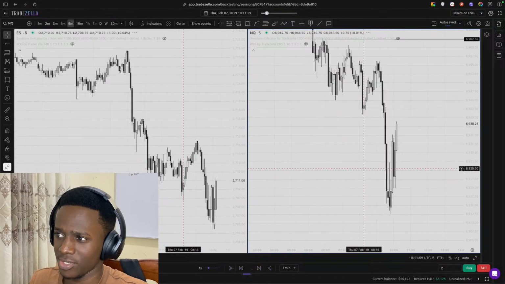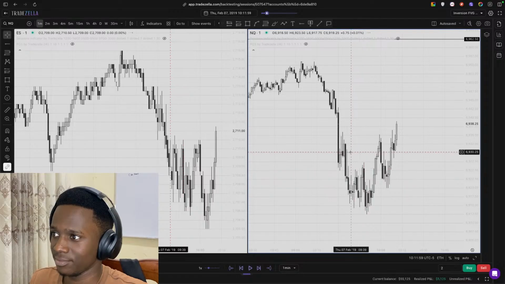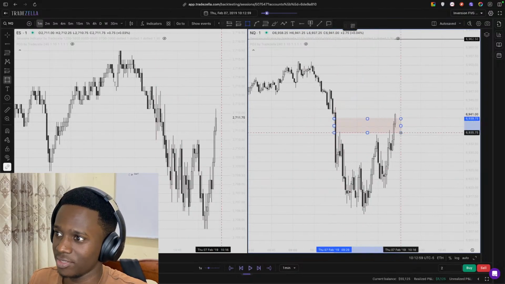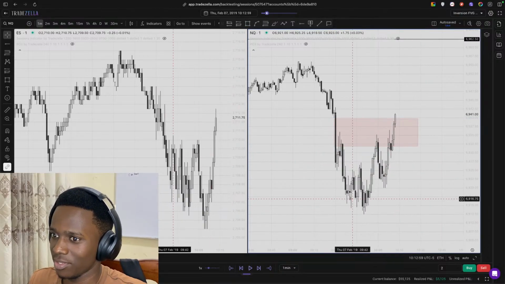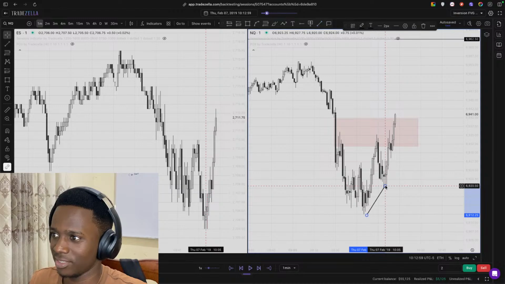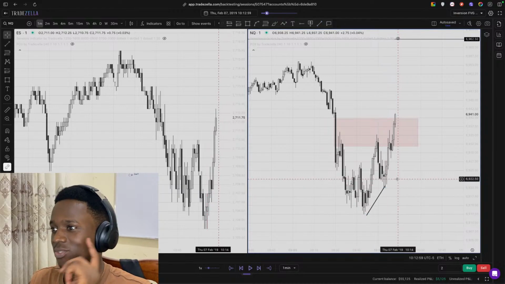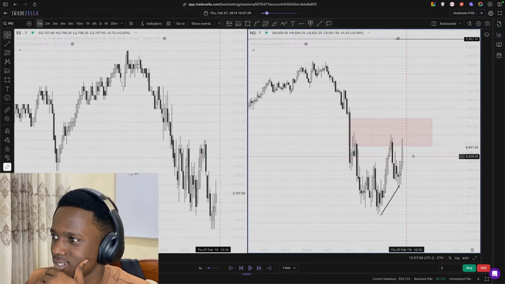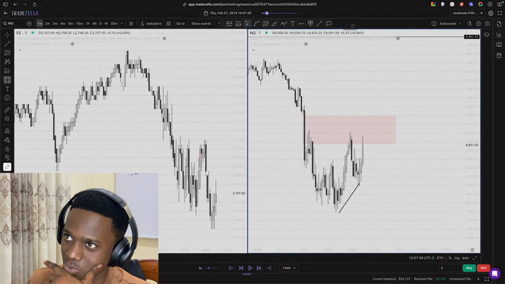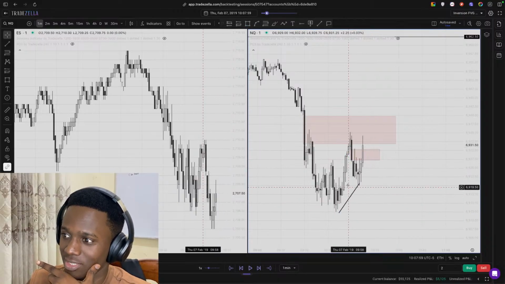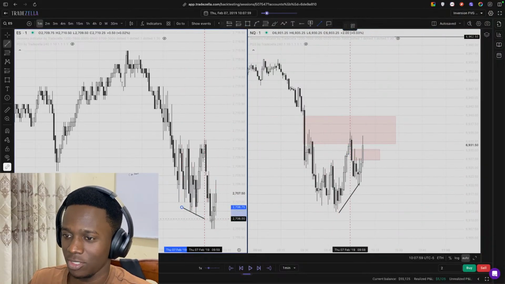Okay, this is some crazy drop, to be honest. I mean, we end up getting the inversion here, but with all this drop that was left behind, I wouldn't be that confident. Now we have an SMT at this. Oh, actually, so the entry could have been here at this thing here, because this is where the inversion was formed after liquidity run, which was an SMT on ES.